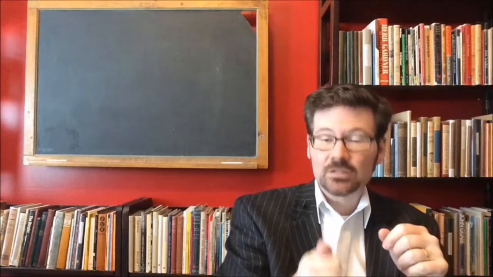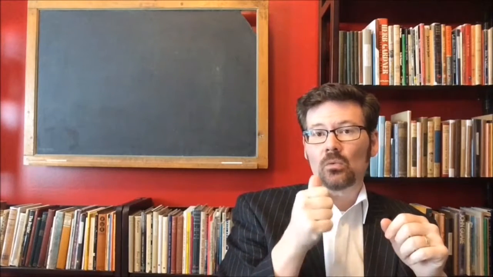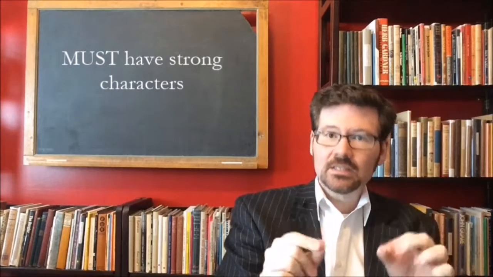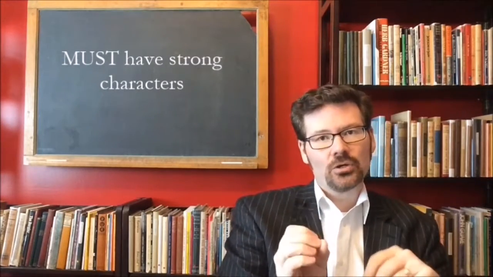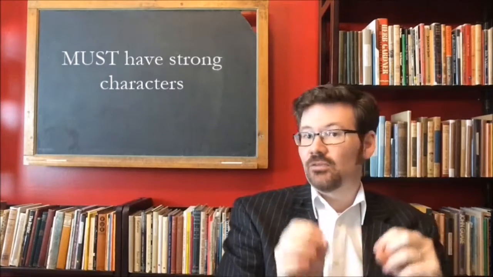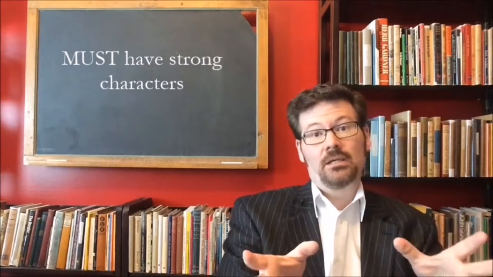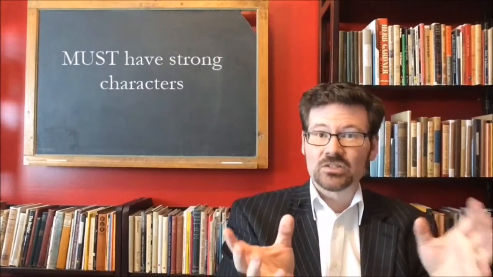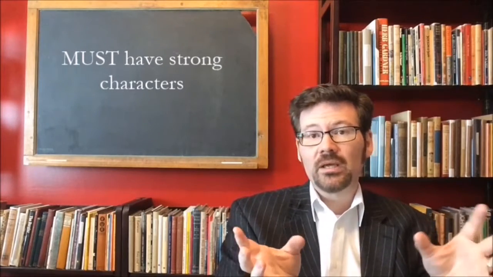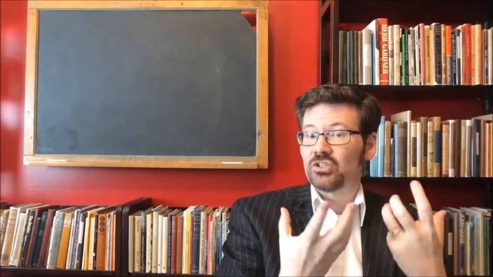Now, the key to being successful with telling a story with multiple points of view is to make sure that you are being very consistent to the voice of each individual character. You need to make sure that your characters are distinct individuals. In fact, this can be a great technique just to practice with, even if you don't end up using it, to make sure that you have really strong established characters, and that you have a great handle on who these characters are in the course of your story.